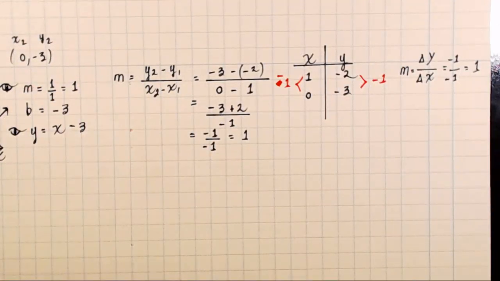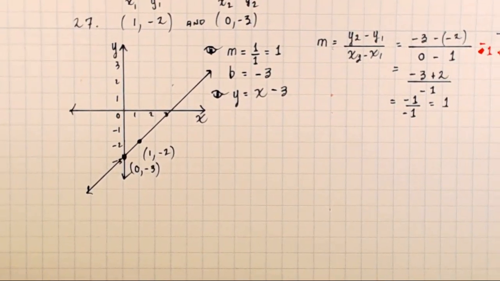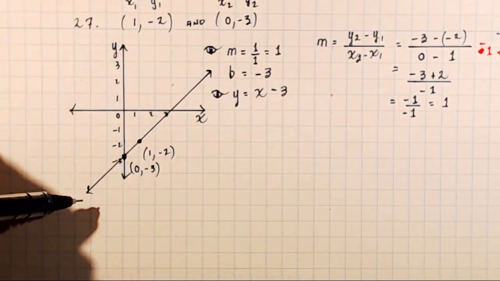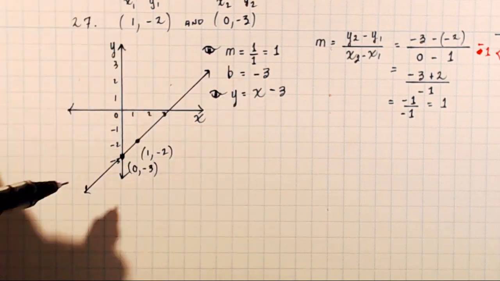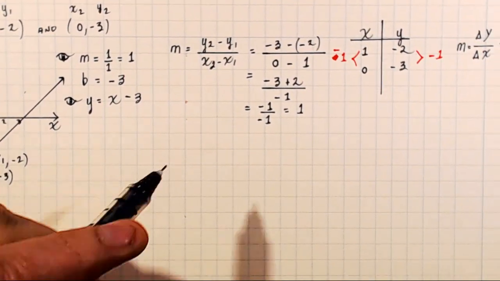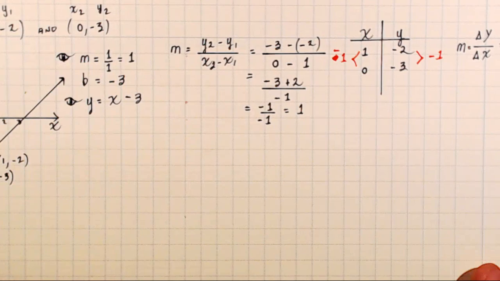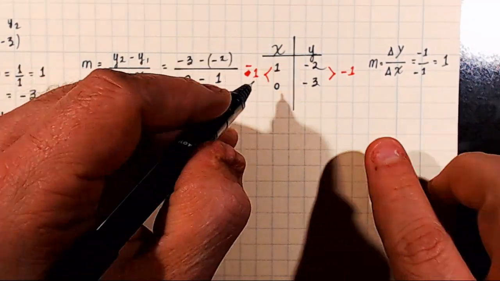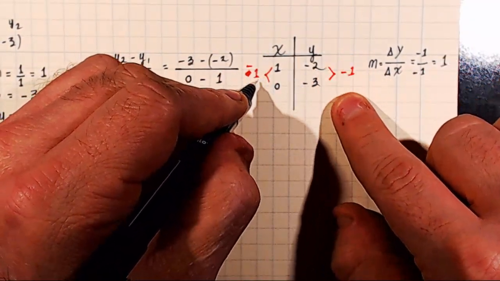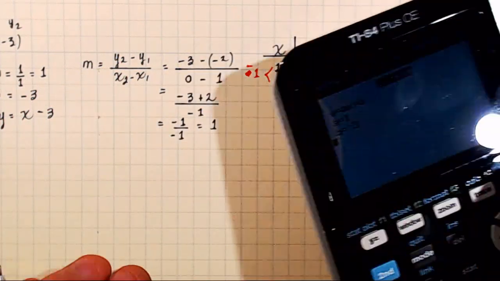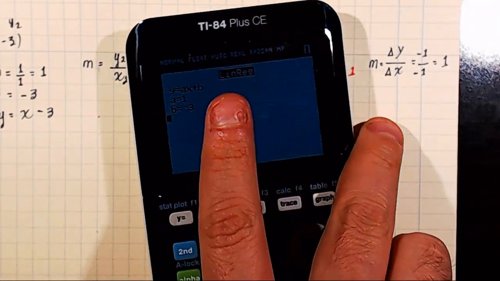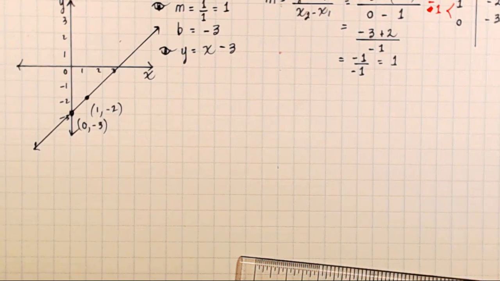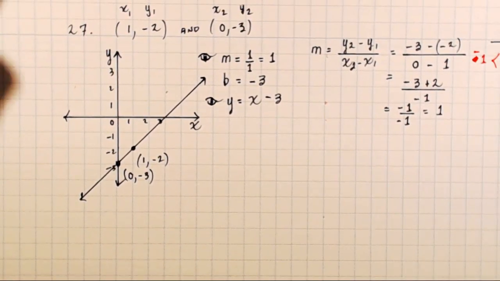Okay, so I think we've established that the slope of this line is 1. We established it visually by graphing it using rise over run. We established it algebraically with this measure here, and then we used a table to compute the changes, and we found it that way, and then we used a calculator. I guess we found it 4 different ways. So I think we should feel fairly confident about that.